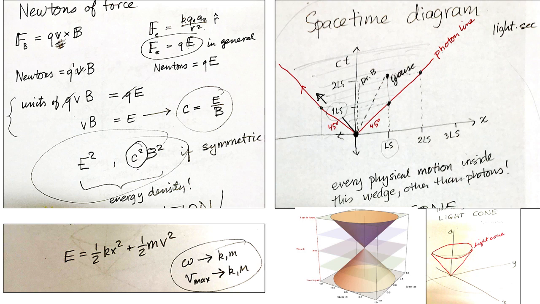And we know that the electrical force is equal to k q1 q2 over r squared times the r hat vector.